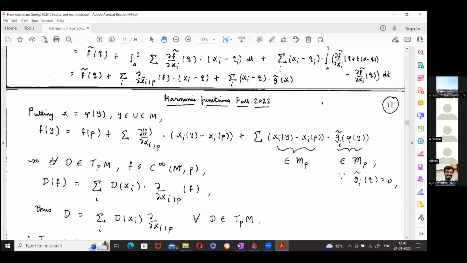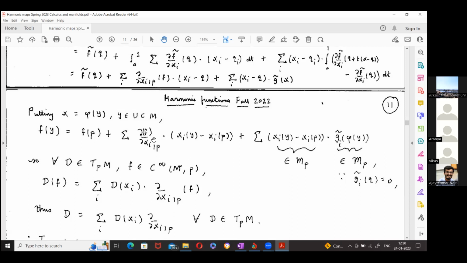Therefore, now if I take any tangent vector d and apply it to f, d is going to vanish on the constant part and on the part which is in the square of the maximal ideal. What's going to remain is just d acting on this part in the middle. So this ∂f/∂xi are constants, and d is linear.